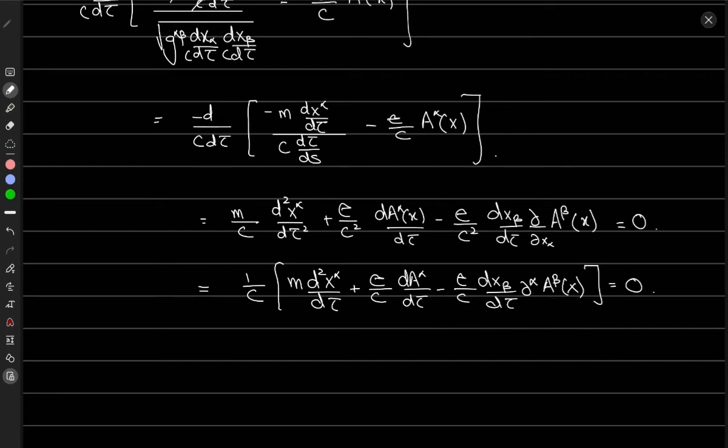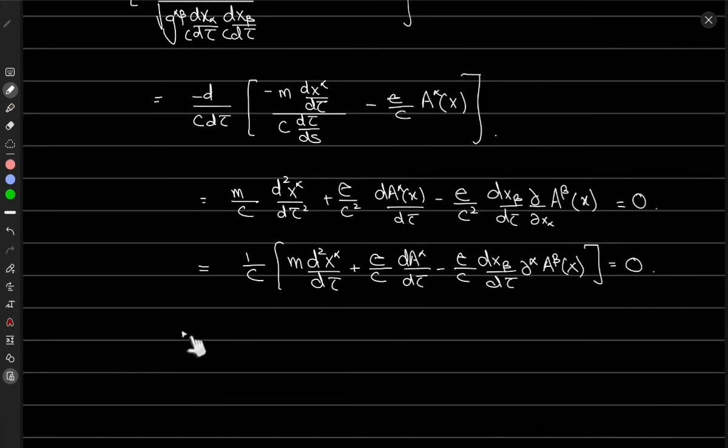So we can write down the second term in this equation, this one, using dA alpha over d tau equal to dx beta over d tau times partial over partial x beta A alpha.